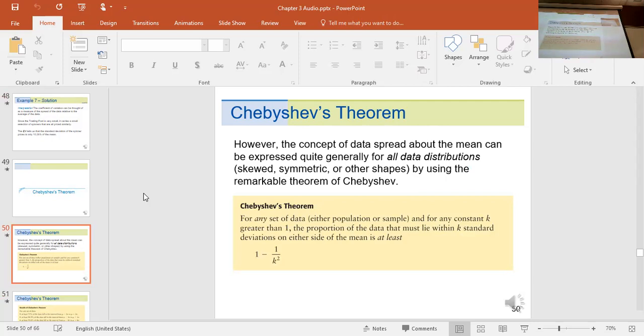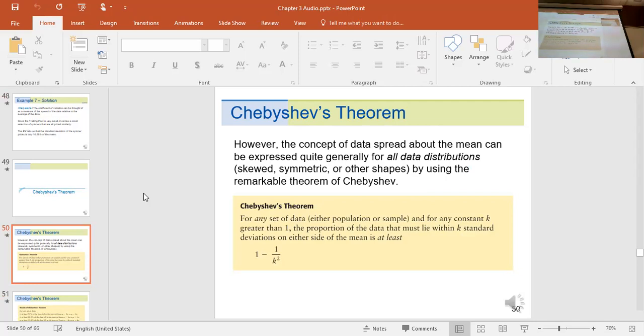But scores that are very important or that are generally thought of are the integral units from the mean. For example, we can have here x bar plus s, x bar plus 2s, x bar plus 3s.